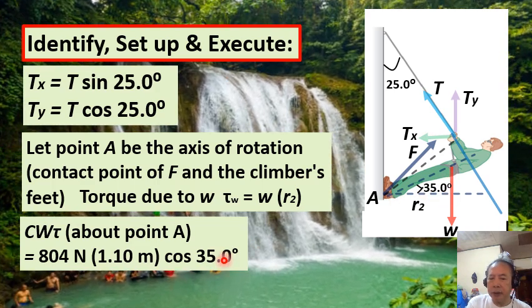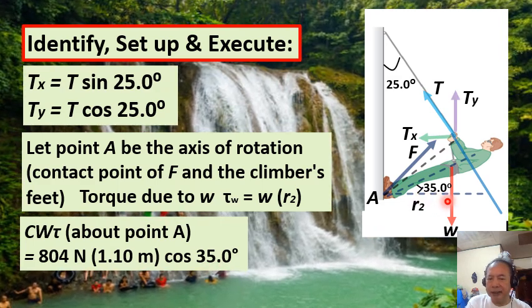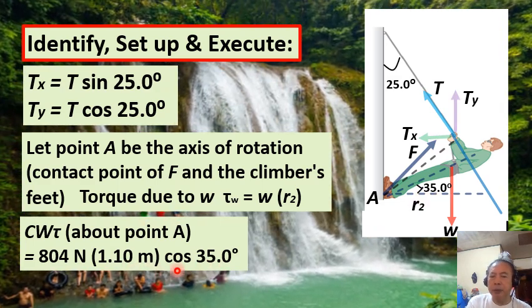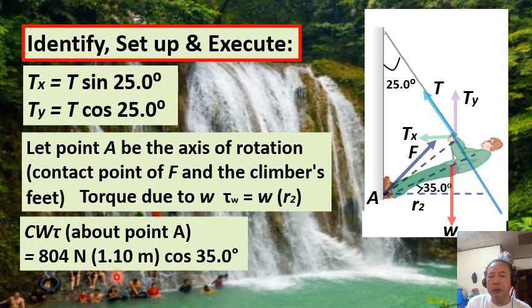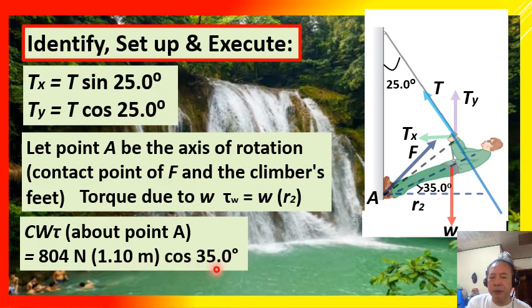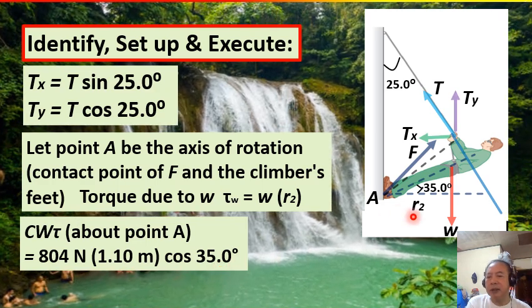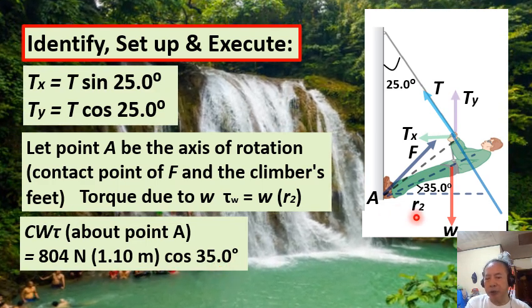That's why we use cosine of the angle 35.0 degrees. In other words, the product of 1.10 meters and cosine of 35.0 degrees, right, is the perpendicular distance r sub 2.